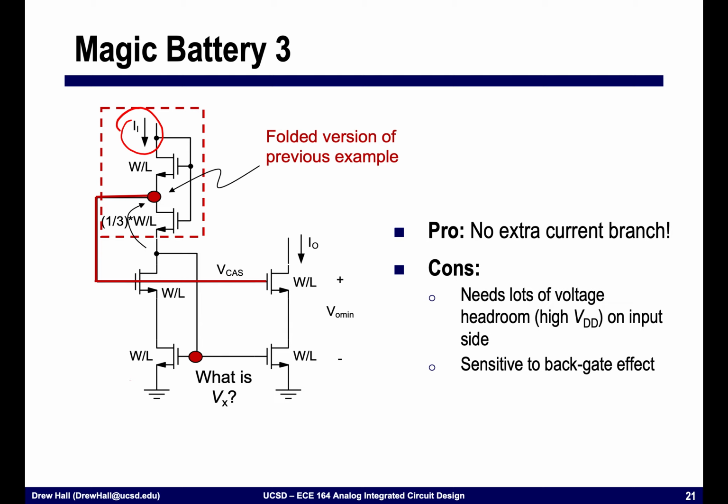The nice part here is that we reduce one of the current branches, i.e. we have lower power. Unfortunately, it means that we need a very high compliance voltage on the input side, which often means a high supply voltage. And this is quite sensitive to the backgate effect, given that this transistor up here, this cascode, is at a very different potential than this one. So this is a common circuit that's used in older technologies. It's not used traditionally in many new technologies today.